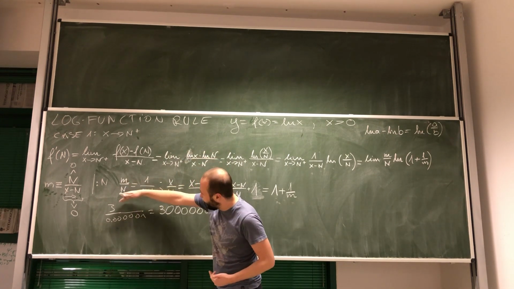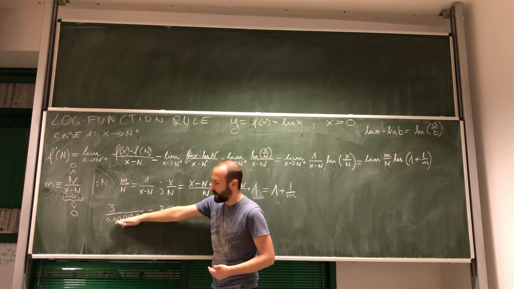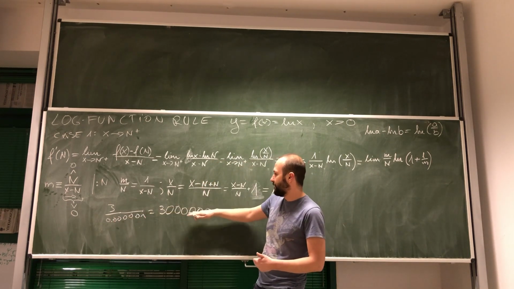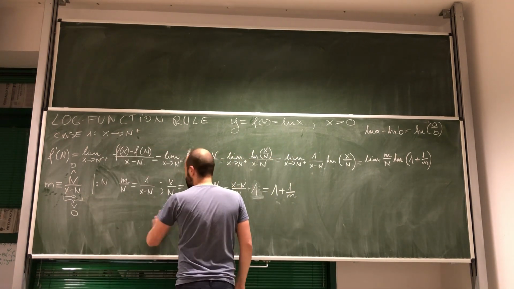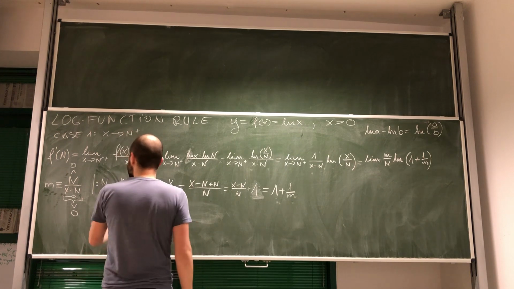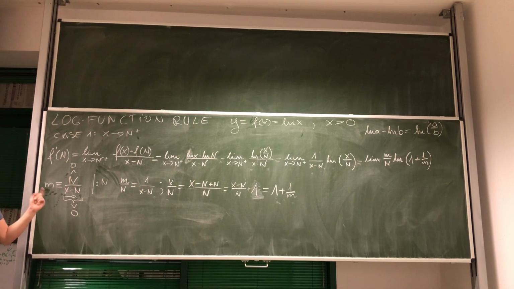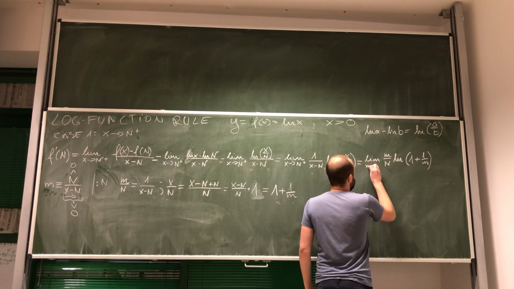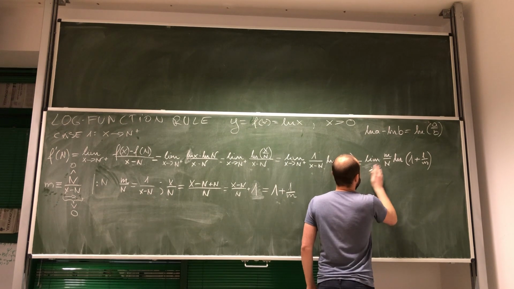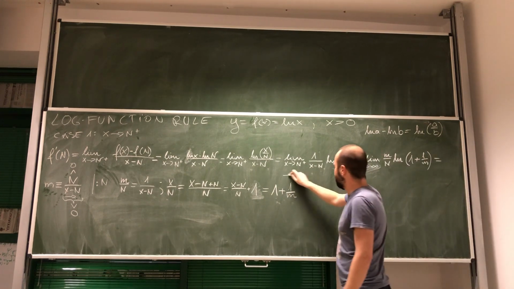So by dividing 3 by a smaller and smaller number, I'm getting a bigger and bigger number. What does this imply to us? It means that as x is getting closer to n, m is going to infinity.